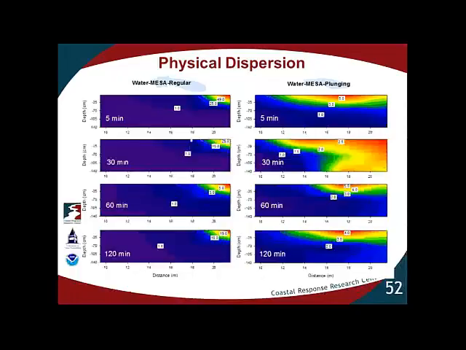So, here's the regular waves, and you can see at 5 minutes, and what these little colors mean is the more red the color is, the more concentrated the oil is. Okay? And so what's happening is, as we add an oil drop, basically what they did was they added oil.